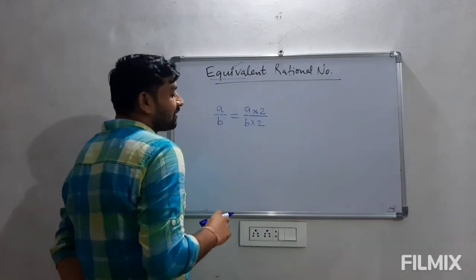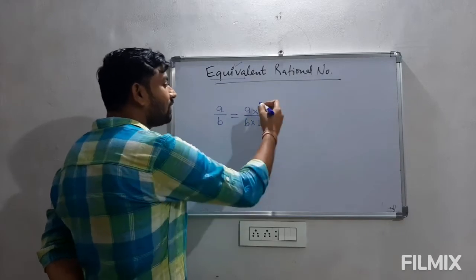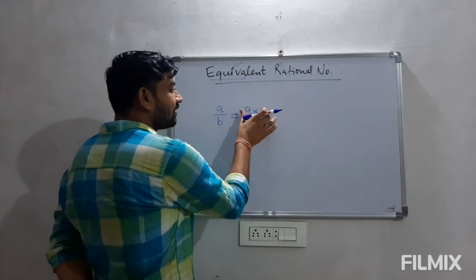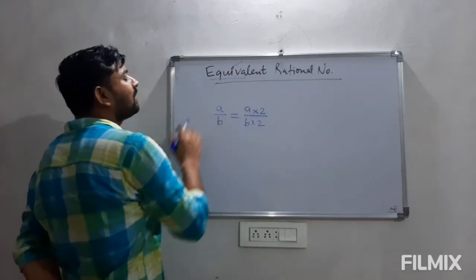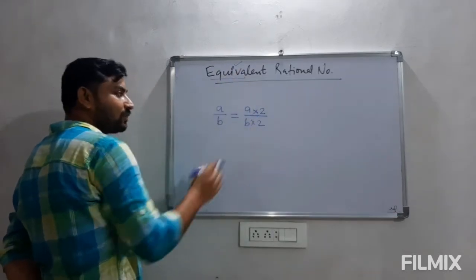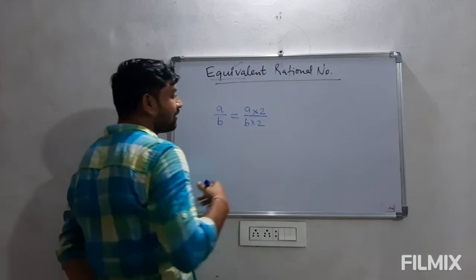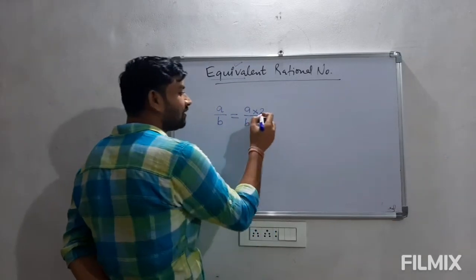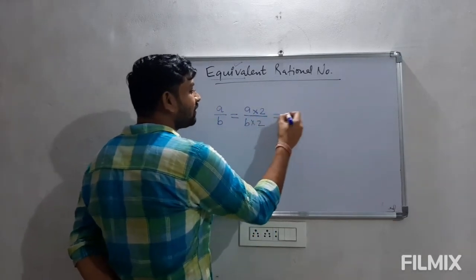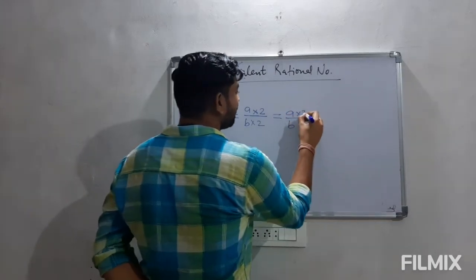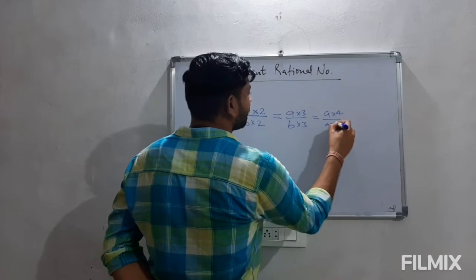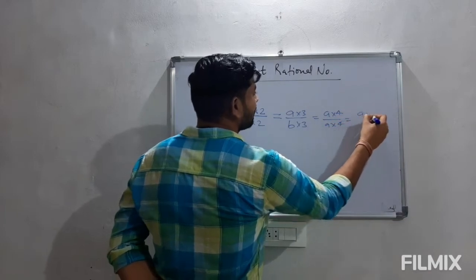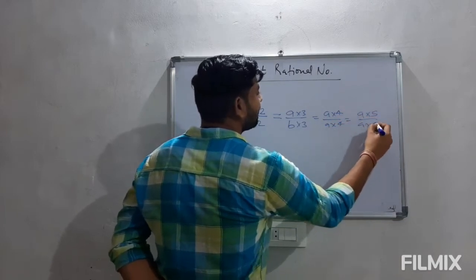In those cases we will use division in place of multiplication. For an equivalent, the best method is to calculate it by multiplication. Here we can multiply by 2, if we take 3, 4, 5, then we can get the numbers.